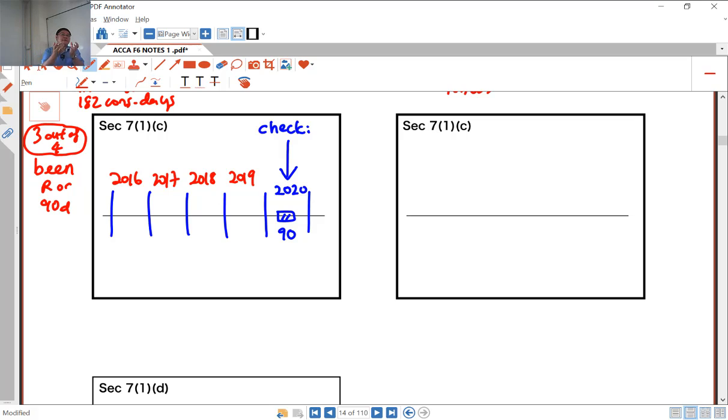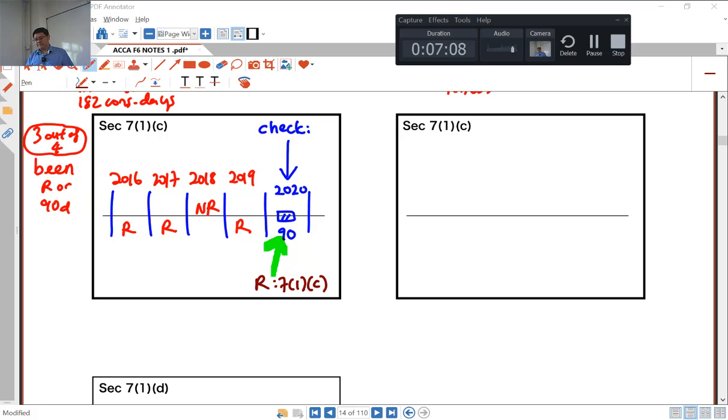Now, if I just give you the pattern in resident status, for example R, R, R, R, that's good enough because you've got what you need. So that will make 2020 a resident because of 71C.